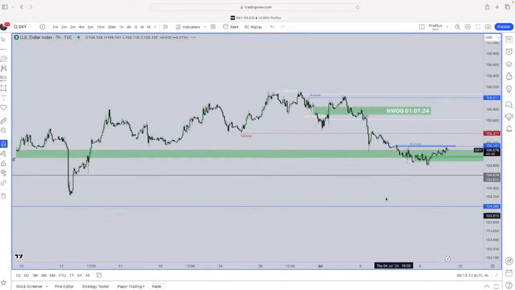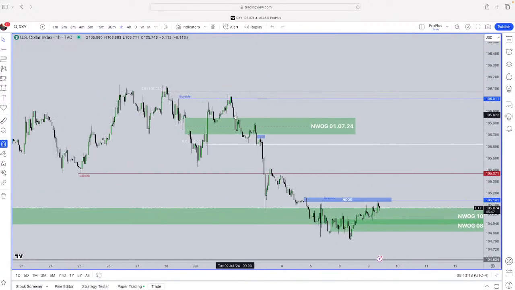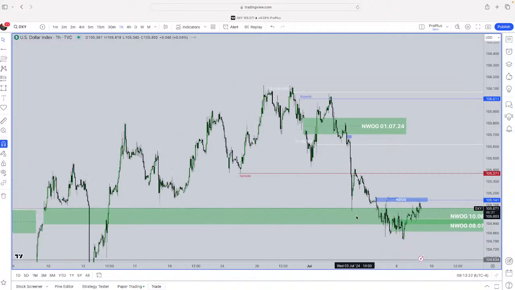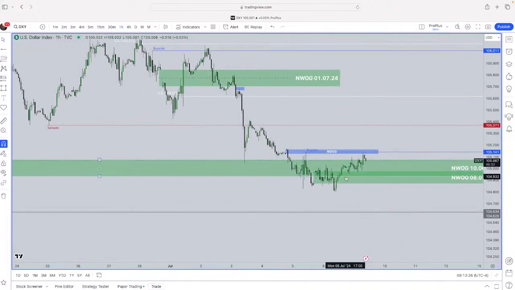On my dollar, I've got all these weekly opening gaps here. You can see the weekly opening gap, price pulls lower back into it, bounces, plays about here, meaning that price is just neutral. Once it starts trading away from the weekly opening gap, then it's trending.